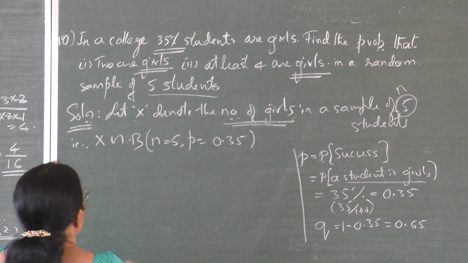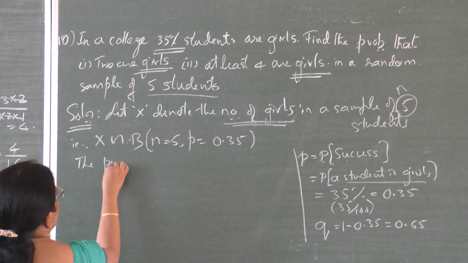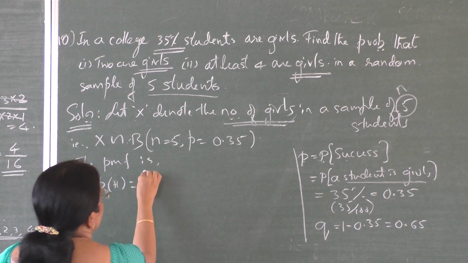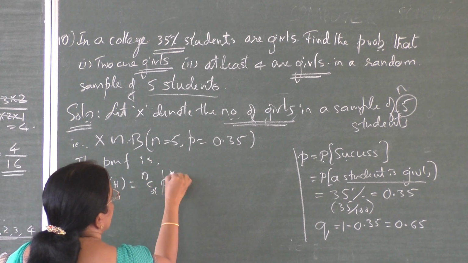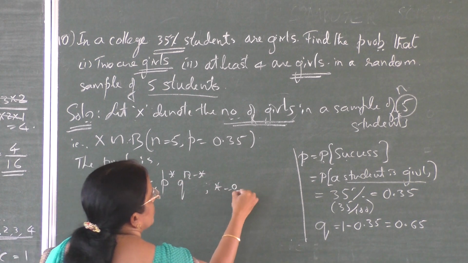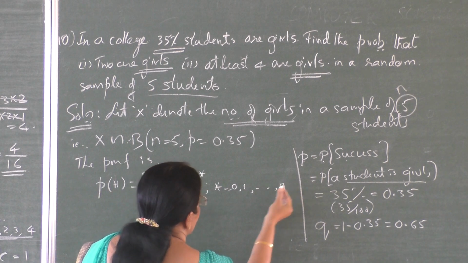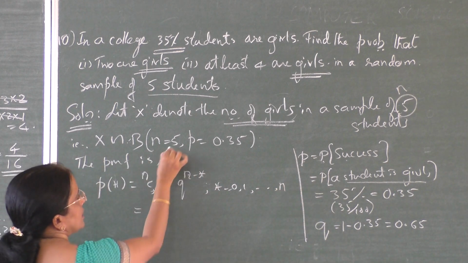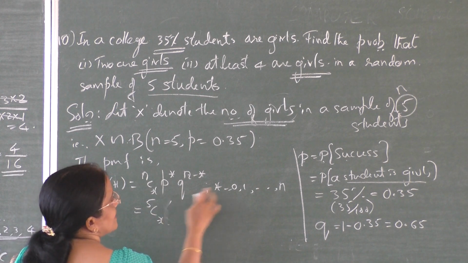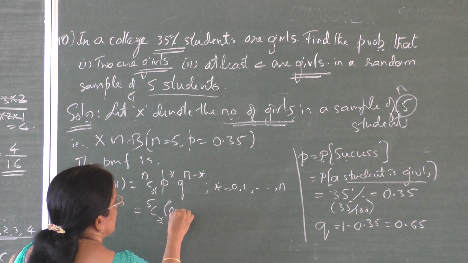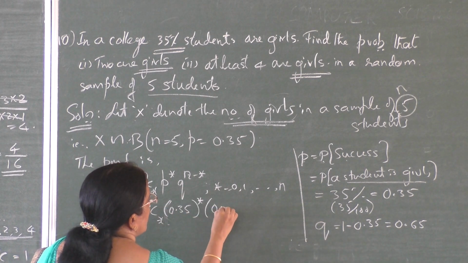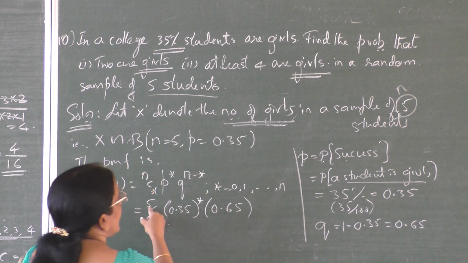Next common step, that is the probability mass function, P of x equal to nCx p power x q power n minus x, where x is equal to 0, 1, 2 up to n. Substitute the parameter values. n is equal to 5, so 5Cx into p, p is 0.35 power x, into q, q is 0.65 power n minus x.